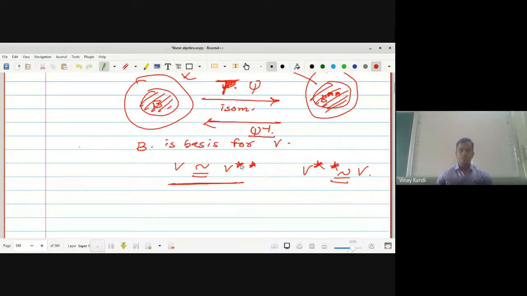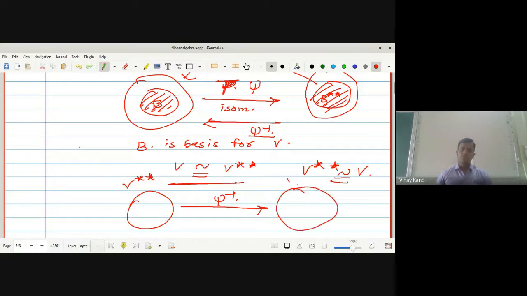Isomorphism. That is, suppose this is V double star and this one is psi inverse, from V. Suppose this one is V and this is beta star, subset of V double star, is basis for V double star, and psi inverse is again isomorphism. The image of V double star is what? B. It's again what? Basis for this V.